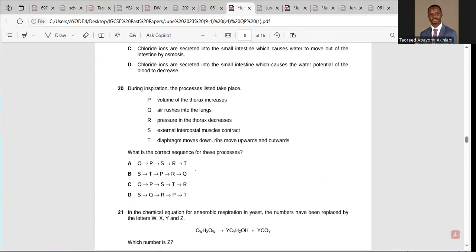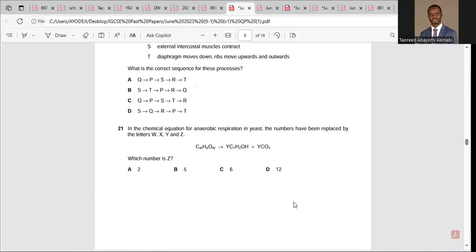S, external intercostal muscles contract. And T, diaphragm moves down, ribs move upwards and outwards. The correct option there is option B, which is S, T, P, R, and Q.